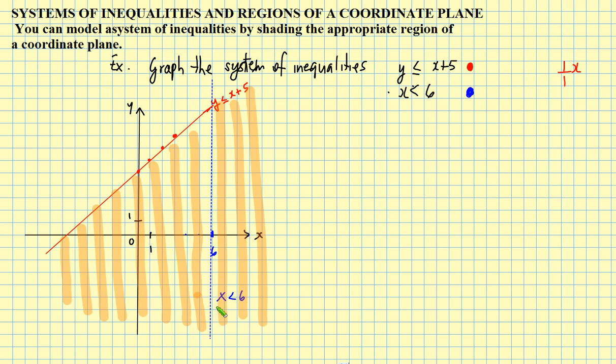Now I'm going to do the value of x being less than 6. If x is less than 6, it means that I'm going to be looking at everything to the left of my graph.